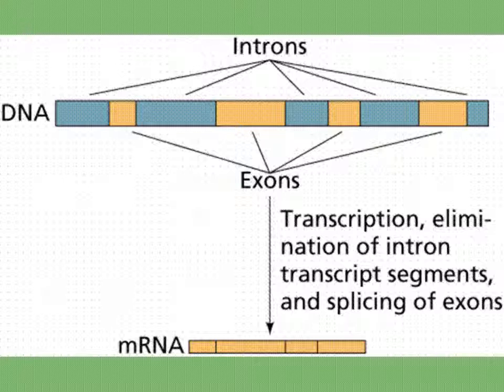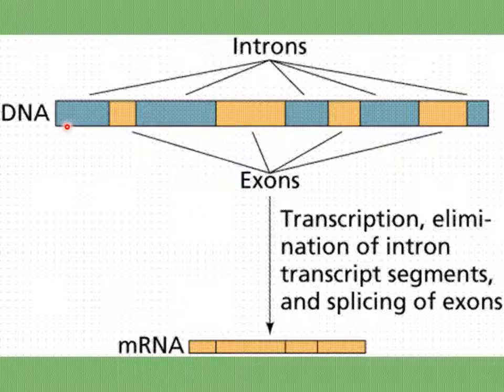It's going to have an intron, then an exon, then an intron, then an exon, and so on and so forth. These blue regions that are introns need to be cut out of the RNA molecule before you can have a final mRNA molecule down here.